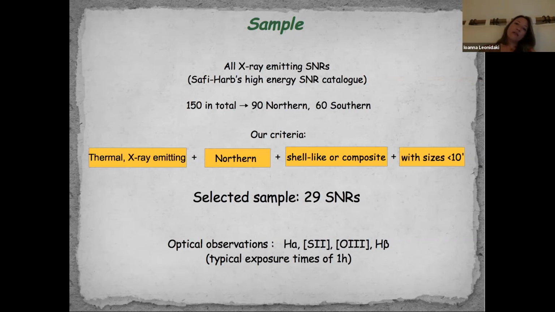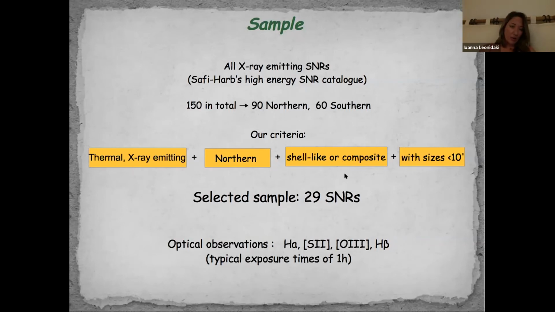We found that of the 300 objects, 150 in total are X-ray emitting, with 90 of them in the northern hemisphere and 60 in the southern. So we focus on the northern part.